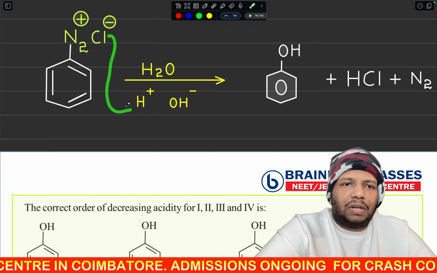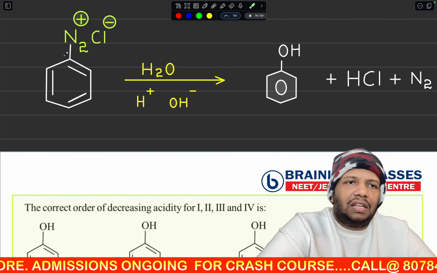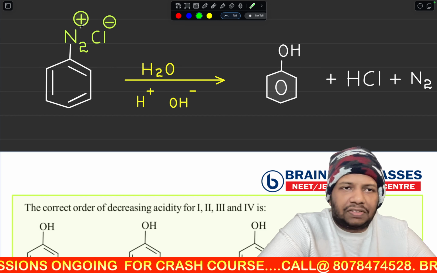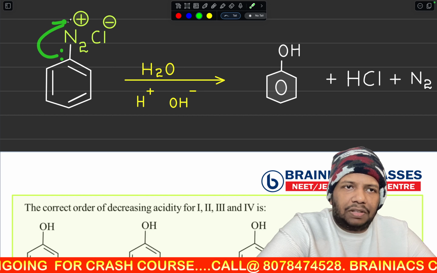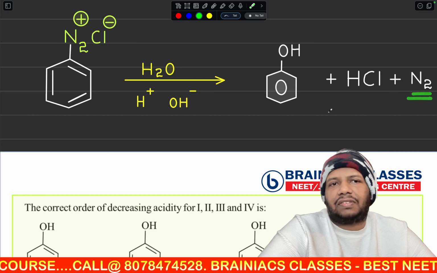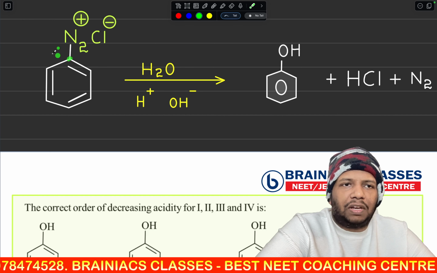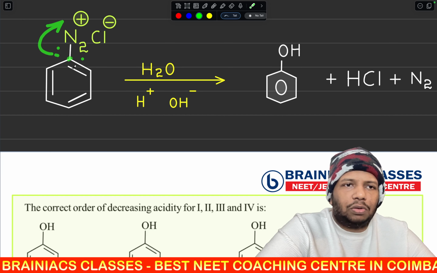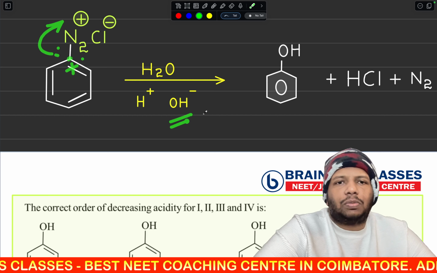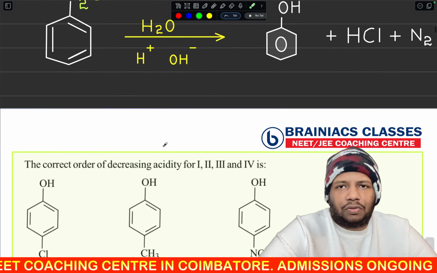Cl minus will get attracted to H plus and you will get HCl. When heating, nitrogen with a positive charge is highly unstable, so it will take up this electron, push the electron in this direction and move out as nitrogen gas. Because the electrons are moving in this direction, a positive charge will develop here, so OH minus attacks and you will get phenol. Clear? I hope you understood this question.